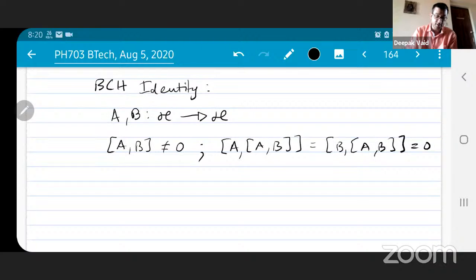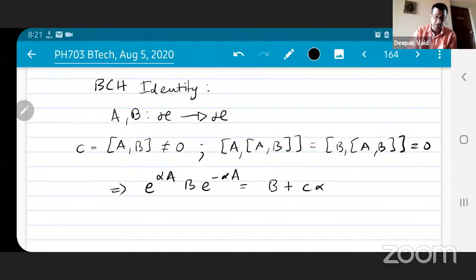Then we know that A and B will act as displacement operators for each other, right? So what does that mean? That if I take this operation, then this will give me B plus C times alpha, where C is the commutator of A and B, right? Because of this condition.